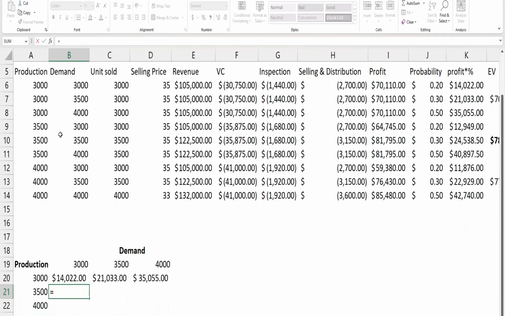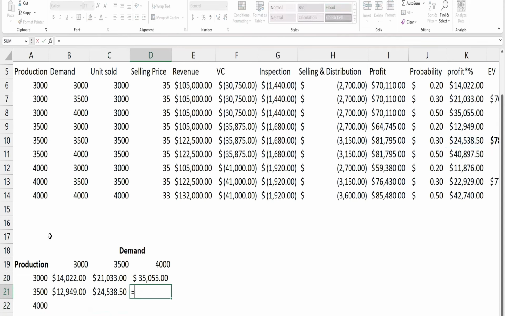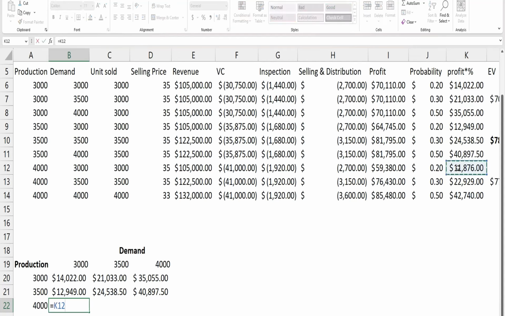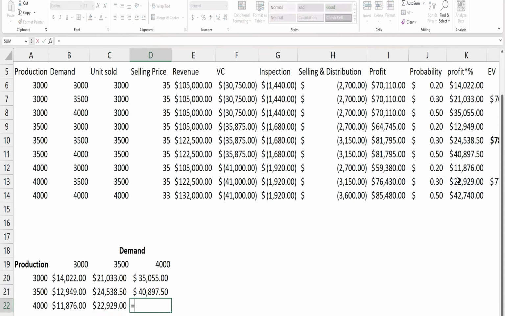Now production is 3500 and demand is 3000, so our profit is this. Production is 3500, demand is 3500, now profit is this much, and production is 3500 but demand is 4000, then our profit is 4897. Now 4000 production but demand is 3000, we have a profit of this much, then this much, then this much.